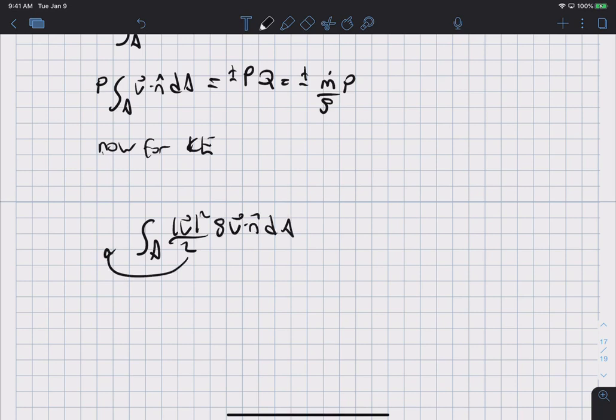I can move the 1/2 over and the rho out because those are uniform. But there's a velocity profile here, and I can't assume that that's constant. I need to basically stick that in.